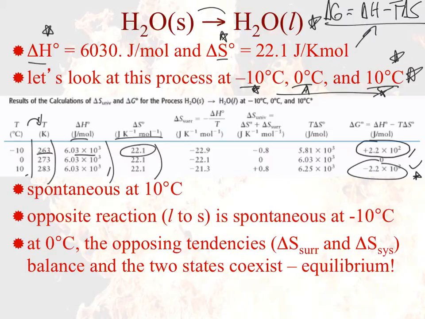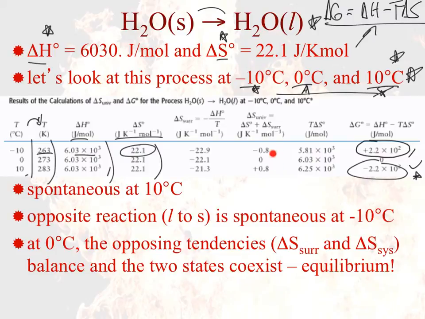Now, something else I want you to notice here in this table is that we could have also looked at this with respect to the delta S of our universe. Okay, so remember, the Gibbs free energy, the more negative, the more spontaneous. With respect to the delta S of your universe, the more positive it is, the more spontaneous.